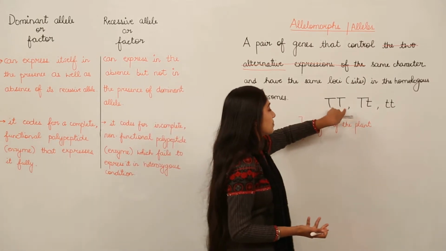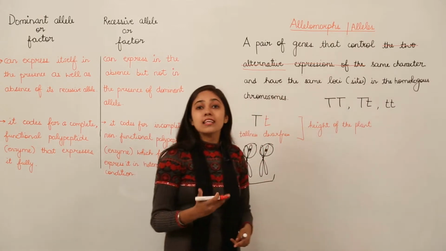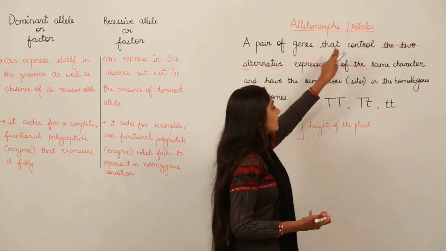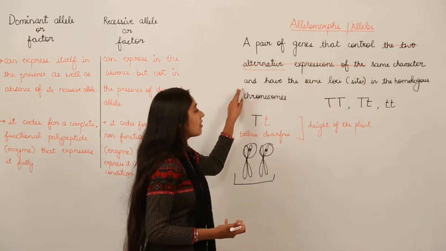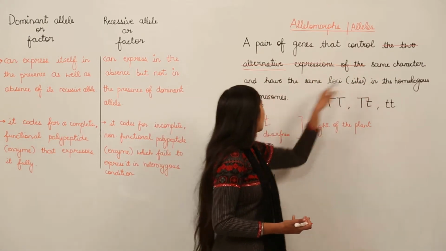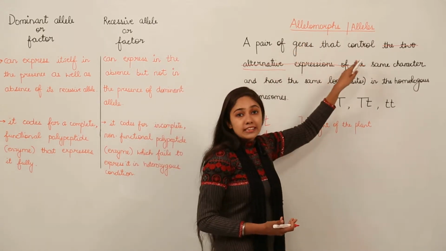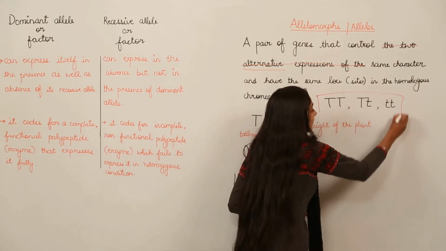So these pairs are also considered as allelomorphs or alleles. Remember, a pair of genes that control same character and have the same loci or sites in the homologous chromosomes are considered as allelomorphs or alleles. So these are also alleles, remember.